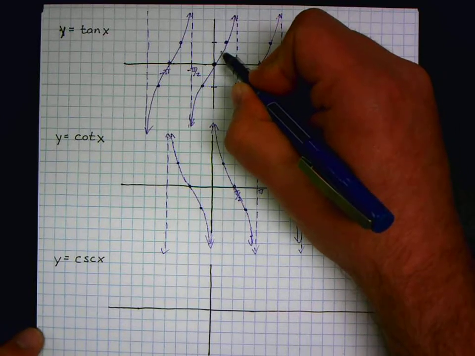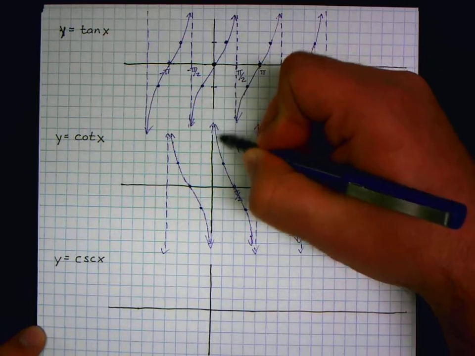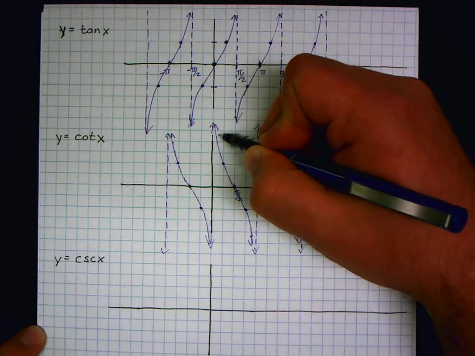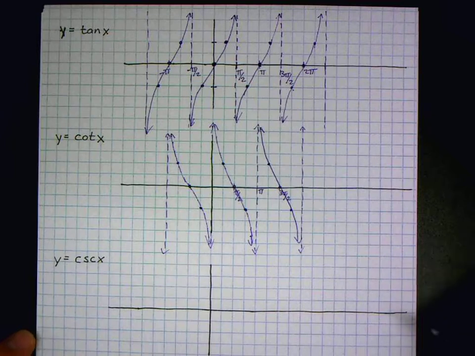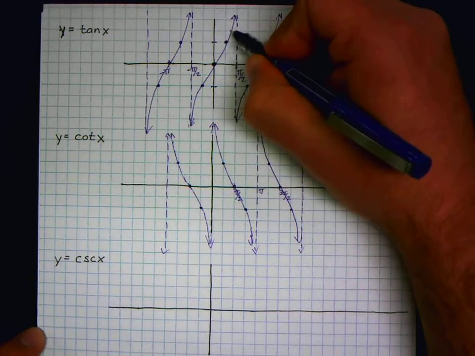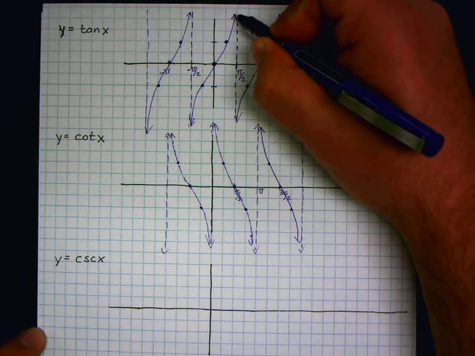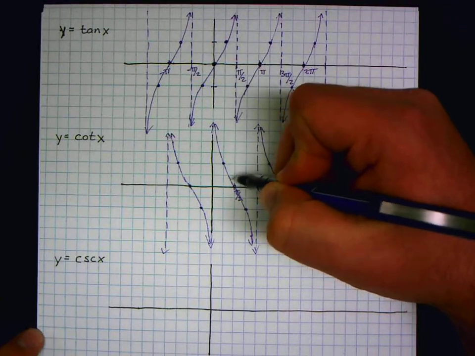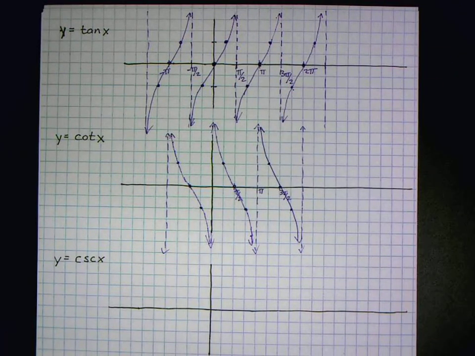So all these small fractions are now huge numbers, so they're all up here now. These huge numbers that were over here, whenever I take and flip them over, they're now small fractions. Okay, so there's cotangent.